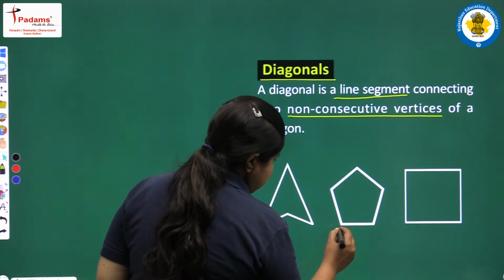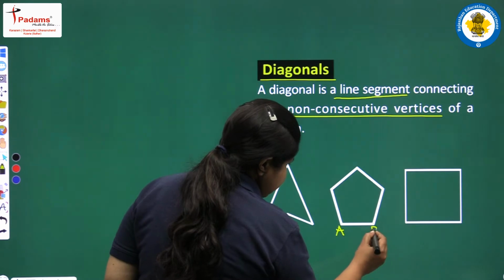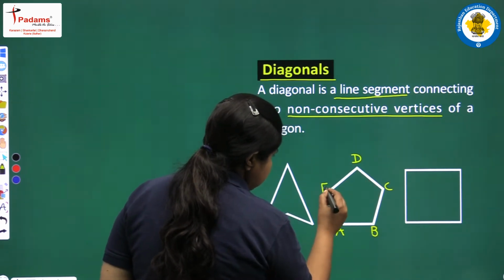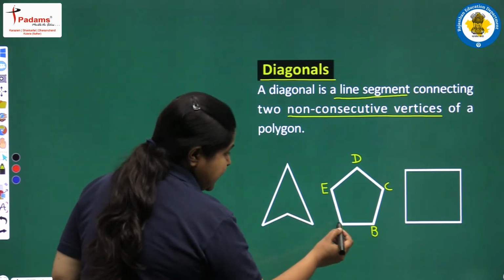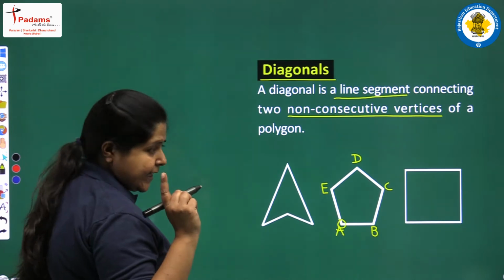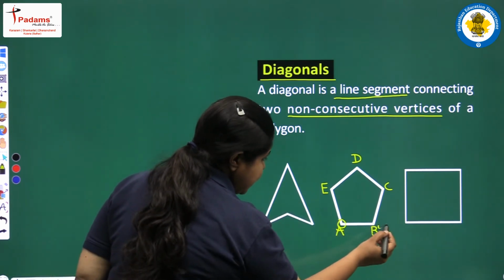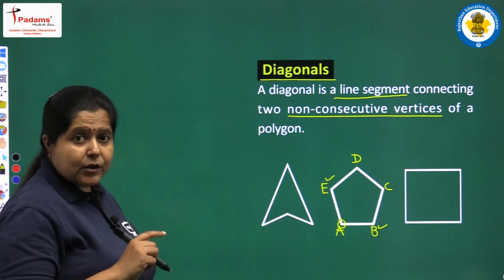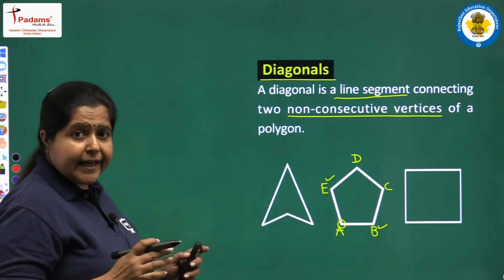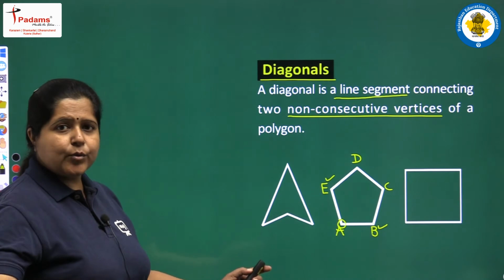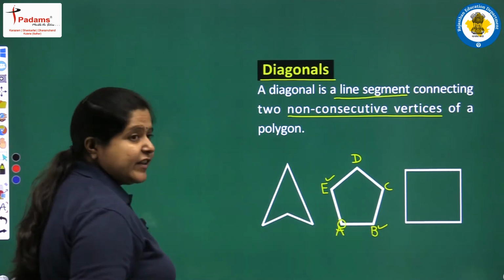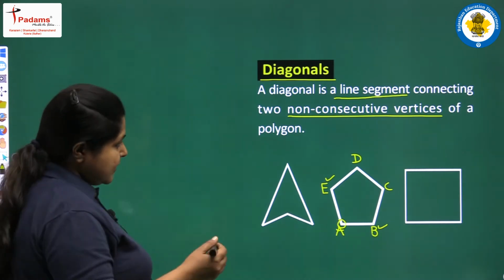Let us give it a name A, B, C, D and E. Let us take this vertex A, and we will see that B and E are consecutive vertices or adjacent vertices. They are next to A, just close to A. So, we will not be joining them because joining them will give us the side of the polygon.